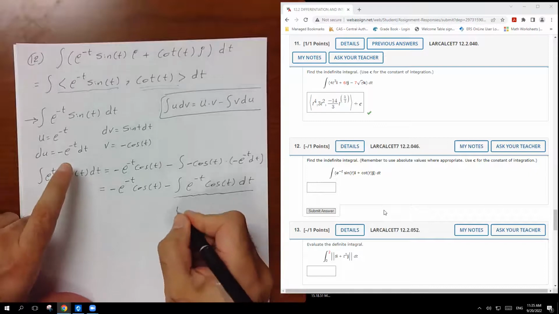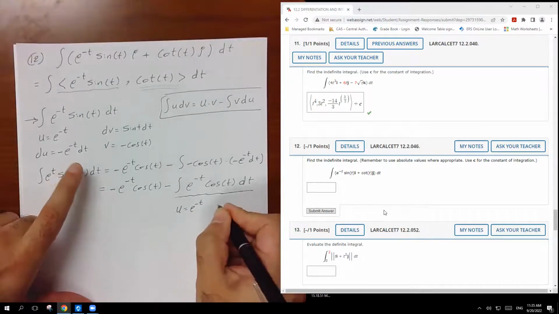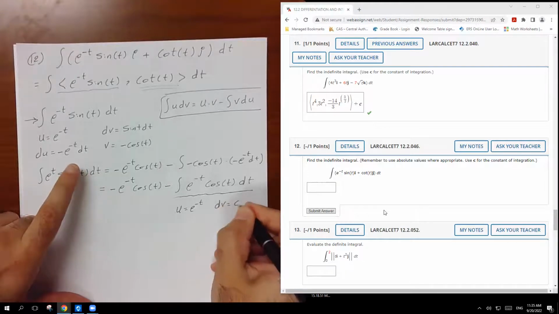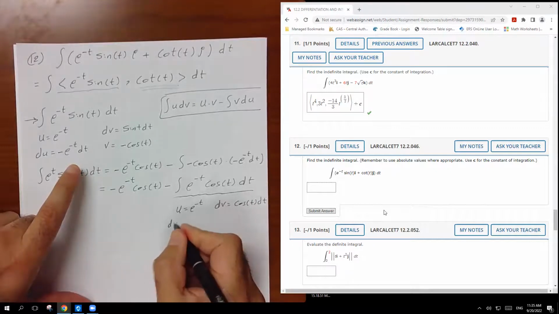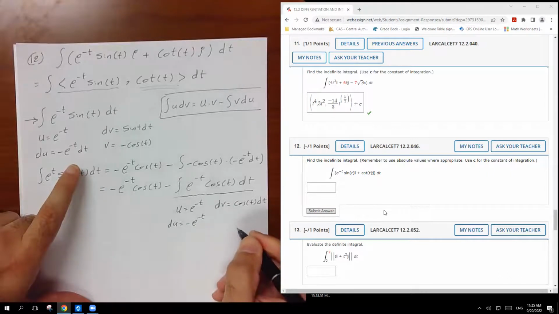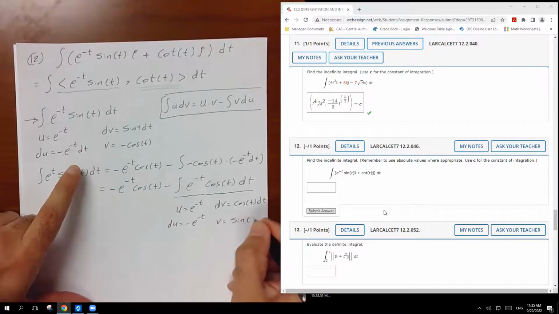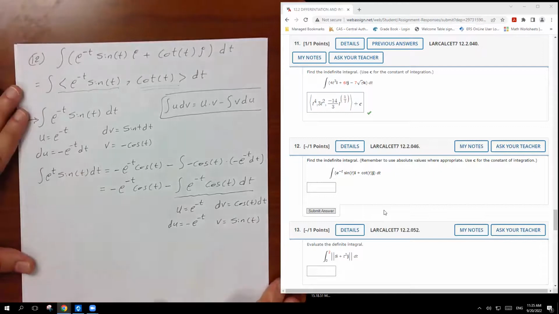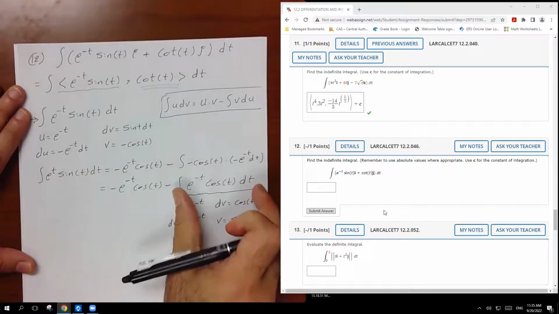Here u equals e to the negative t, and dv now is cosine t dt. So du is going to be negative e to the negative t, and v is going to be sine t. I'm going to do the integral by parts on this one.